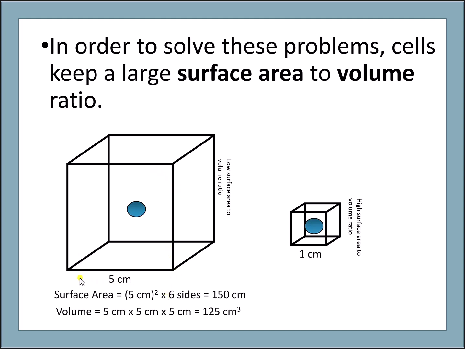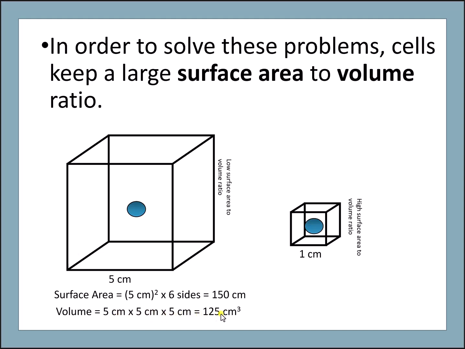So 5 centimeters squared times 6 sides, since we have 6 sides to our cube. And that's going to give you a surface area, total outside area of this cell membrane of 150 square centimeters. The volume is going to be length times width times height for a cube. Those are all the same.